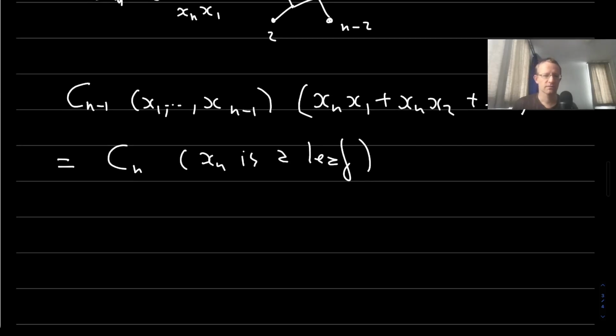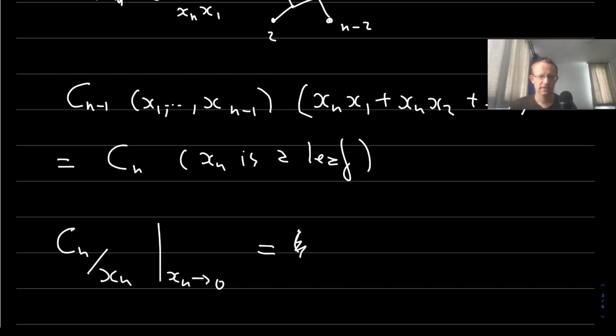With this, we have shown that Cn over xn, as xn goes to 0, is indeed x1 to xn minus 1 times (x1 plus dot dot dot plus xn minus 1) to the power n minus 2.